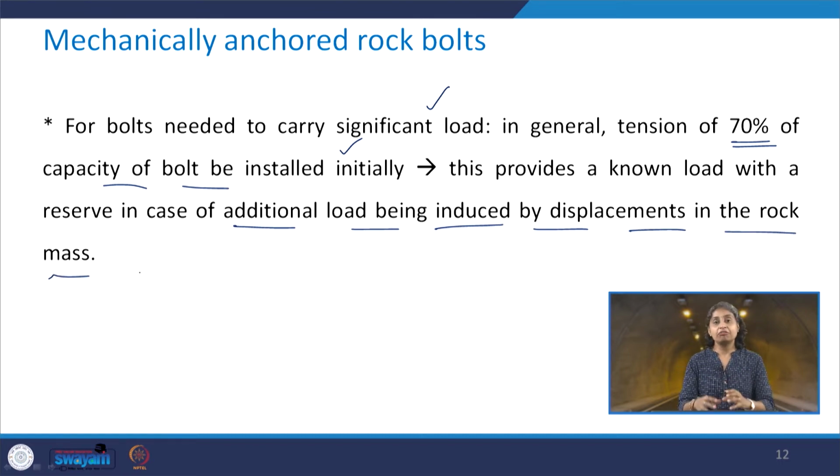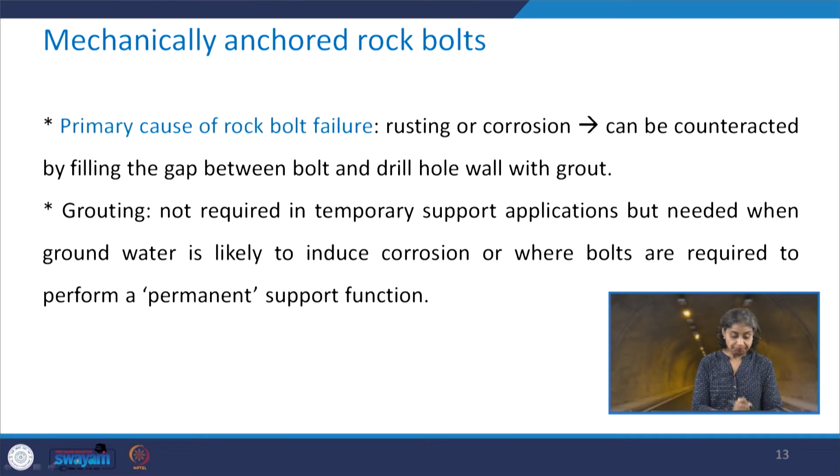You know that when the excavation is made, although we have done the exploration beforehand, sometimes surprises happen during the excavation. So, in case additional load is induced by excessive deformations in the rock mass, this type of tensioning will take care of such a situation.